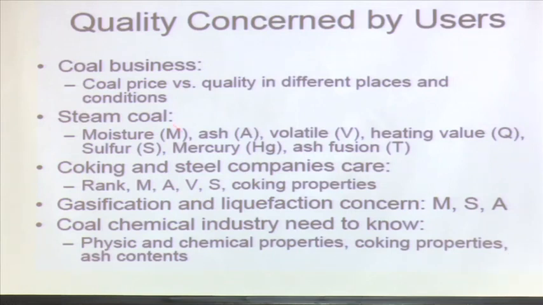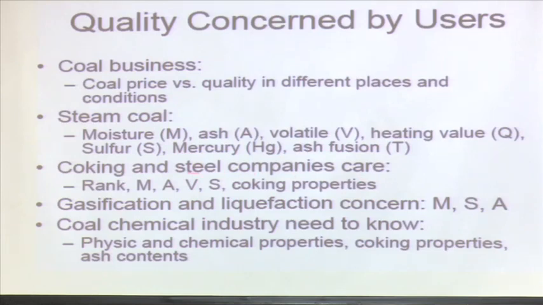For steam coal, moisture, ash, volatile matter, heating value, sulfur content, mercury, ash fusion, all together tell you what the pricing of that coal will be. One is energy availability, another is what type of environmental problem I am going to face after burning that coal. That depends on what type of impurities you have. So, not only the heat value is important, what type of impurities I have also determines the pricing.